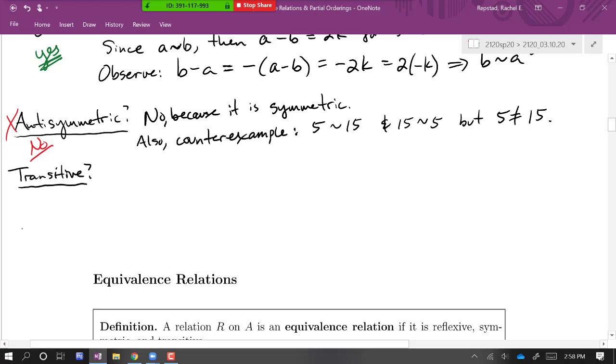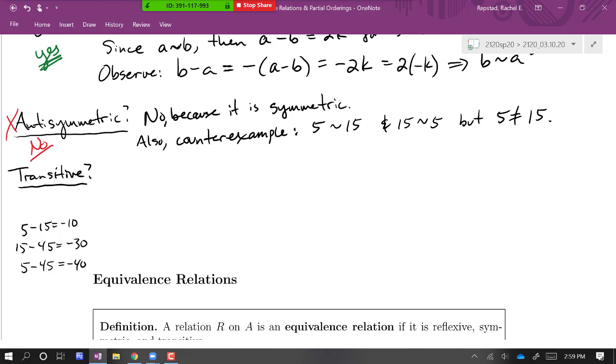Okay, so 5 minus 15 is negative 10. 15 minus 45 is negative 30. And 5 minus 45 is negative 40. All of those are even, right? So there's an instance of transitivity. 5 is related to 15, 15 to 45, so 5 is related to 45.